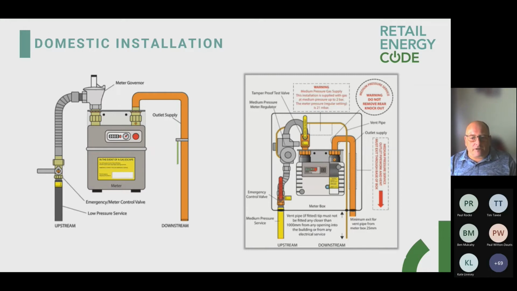There will also be a little disc in there that will say it's medium pressure. In this there are 2 parts. You've got the regulator itself, which will downgrade the pressure down to 19 to 21 millibar, so it's still using the same pressure.